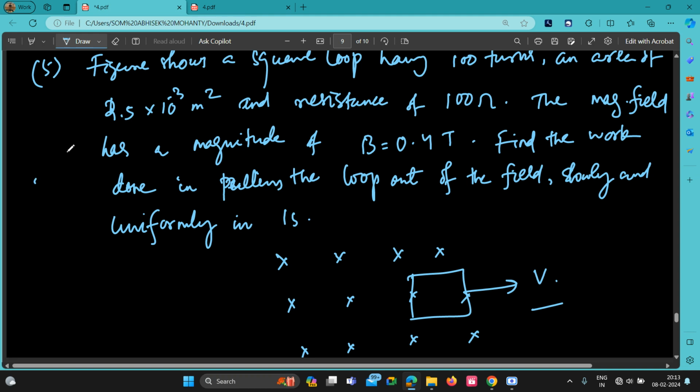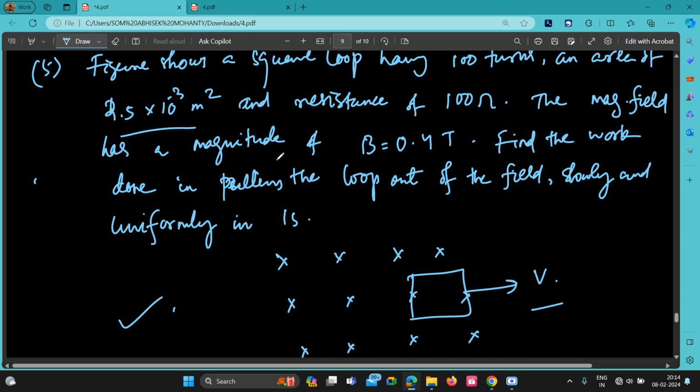So homework. Write it down. Figure shows a square loop having 100 turns, an area of 2.5 into 10 to the minus 3 meters square, resistance of 100 ohm.